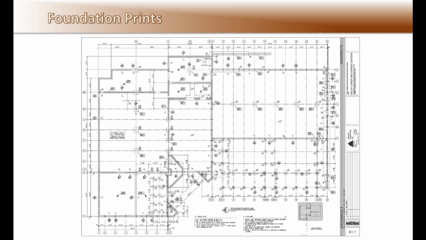This is a relatively simple and typical slab-on-grade foundation for a commercial building, consisting of wall and column footers with short concrete walls. There are some larger retaining walls located in the loading dock area, which we will discuss later.